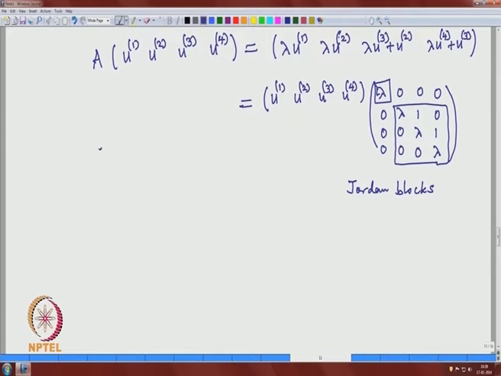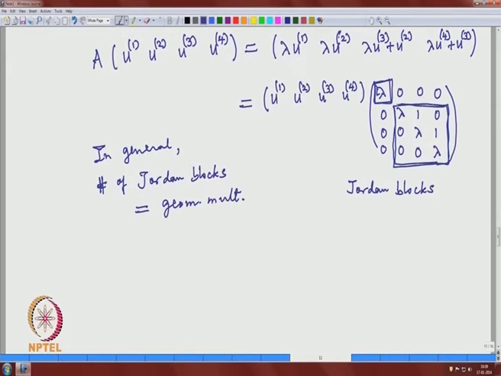So, in general, the number of Jordan blocks corresponding to an eigenvalue is equal to the geometric multiplicity of that particular eigenvalue. So, in this case we have the geometric multiplicity 2. So, we get 2 blocks. Okay.